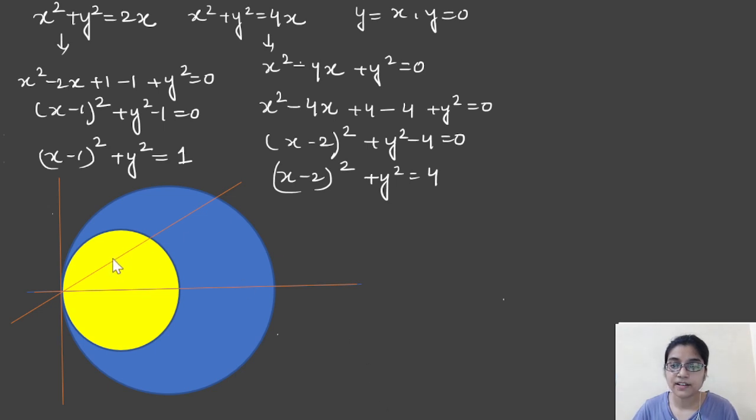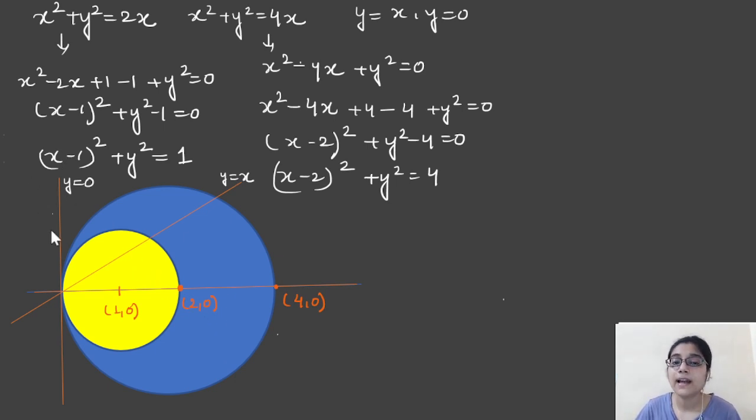This is our line y = 0, then the line y = x. Then the circle with center (1, 0) and radius 1, and the other with center (2, 0) and radius 2, so it reaches up to (4, 0). This is how we get the curves that they have given.